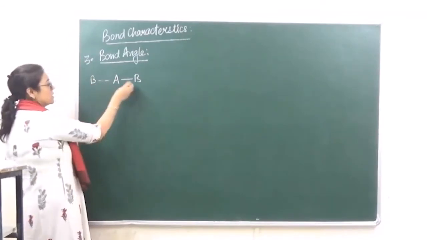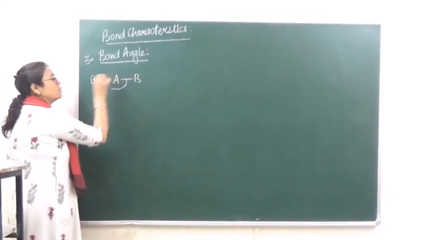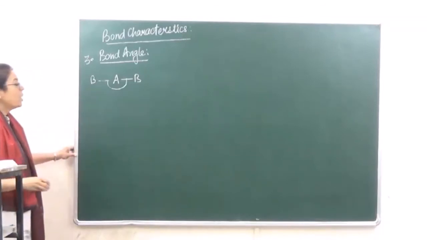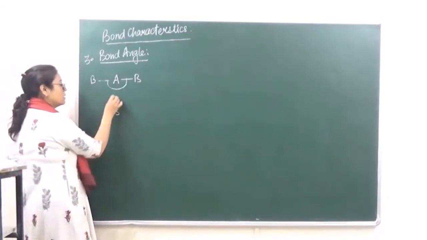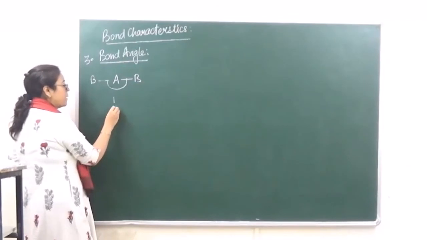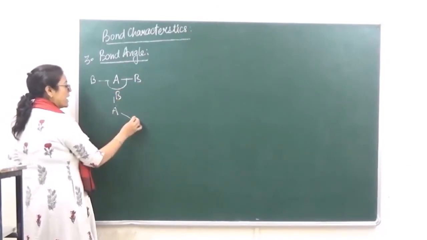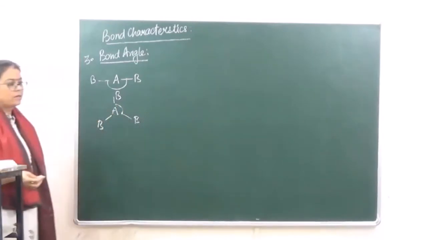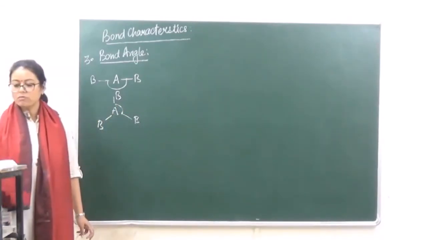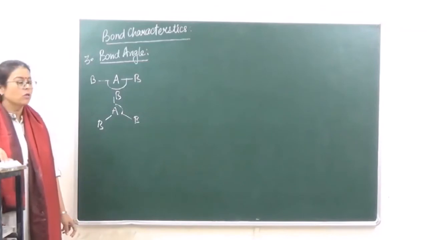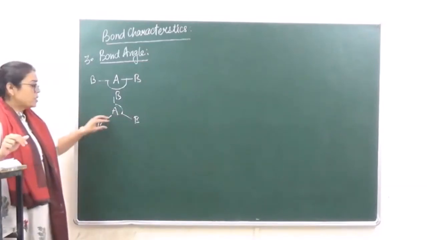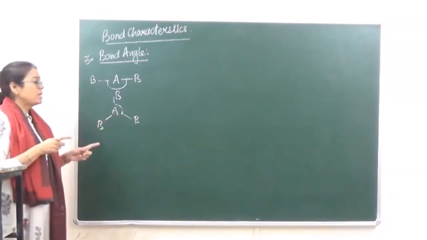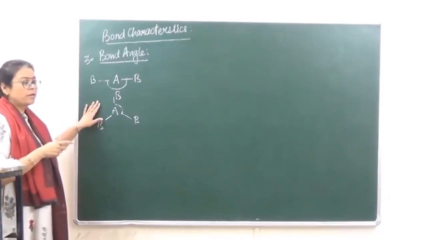If this is the molecule, then this is going to be the bond angle, right? Or if we're talking of any compound which has this kind of structure, then this is going to be the bond angle. Okay, so it is the angle which is formed by any two adjacent species surrounding a central atom, that is going to be the bond angle.